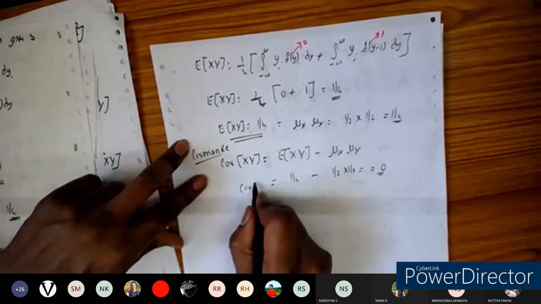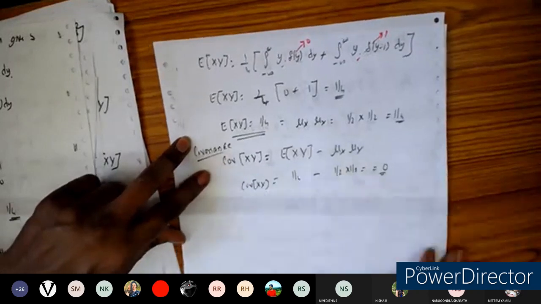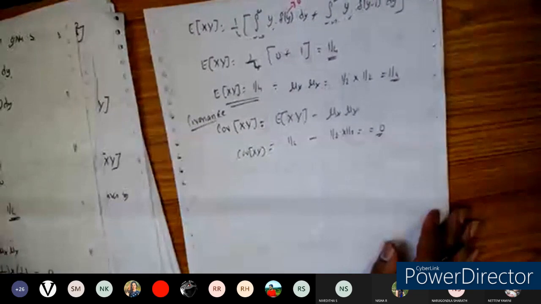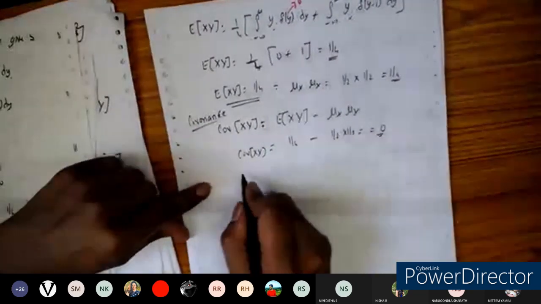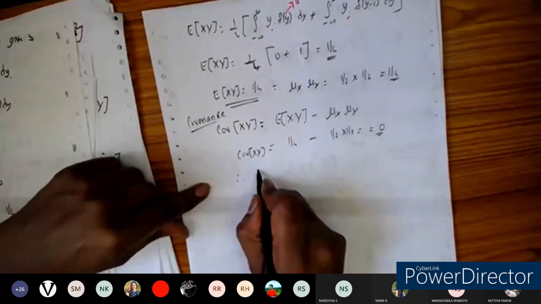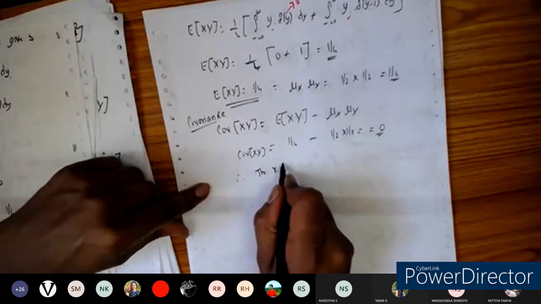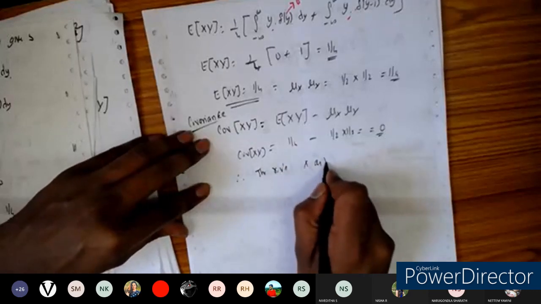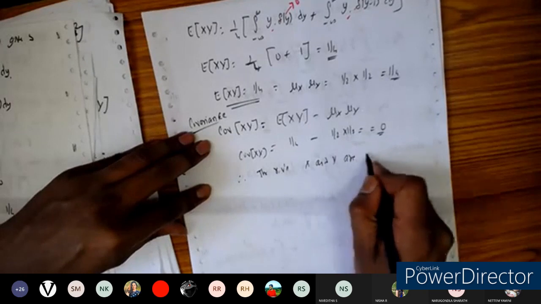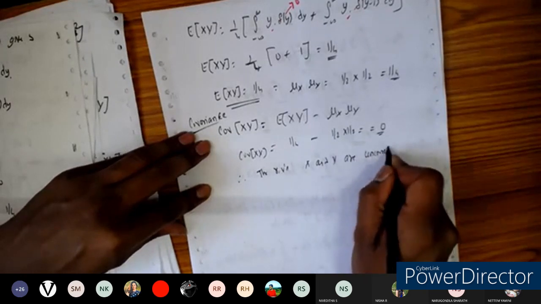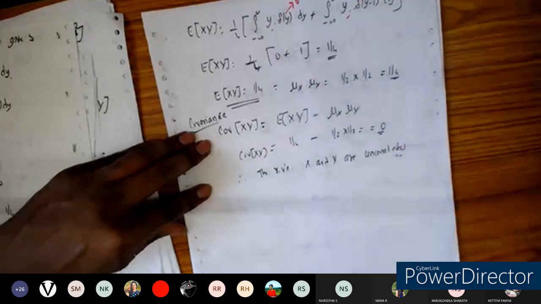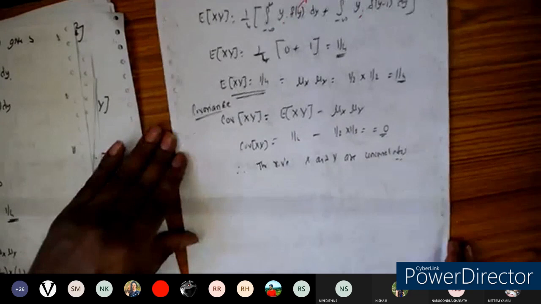If the covariance is equal to 0, we can say that the random variables x and y are uncorrelated, since the covariance is equal to 0.